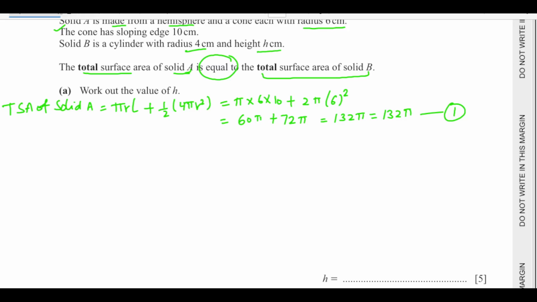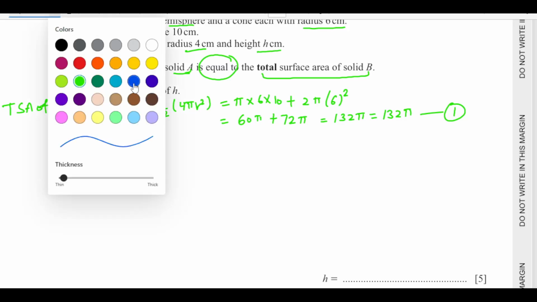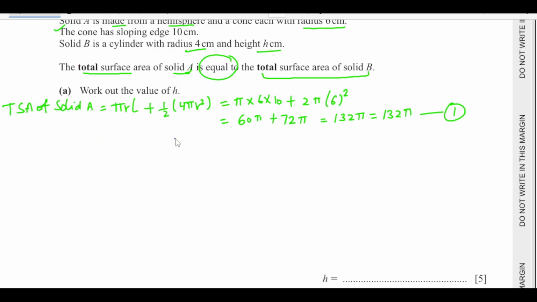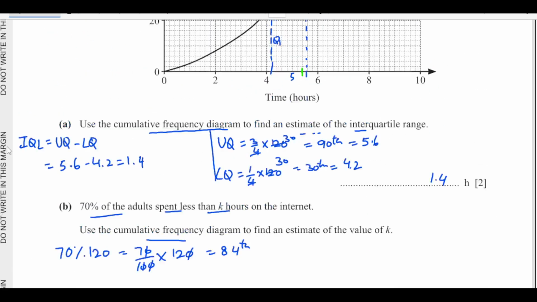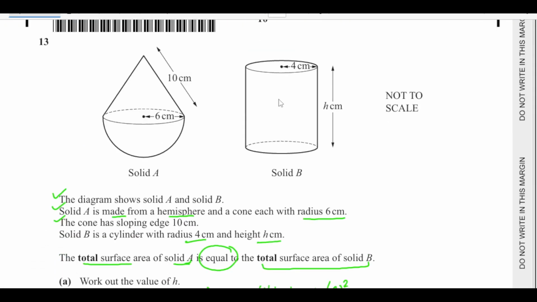Now we will go for the second solid. The total surface area of solid B. Solid B is our cylinder. For the cylinder, the curved surface area is 2 pi r h, right. Then the top is a circular part, pi r squared up and pi r squared down, so we will add all of them.